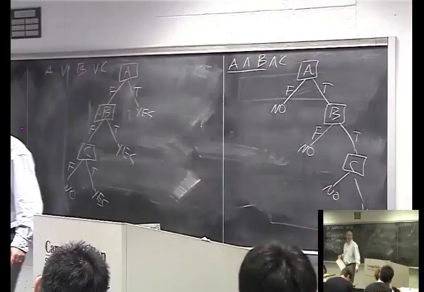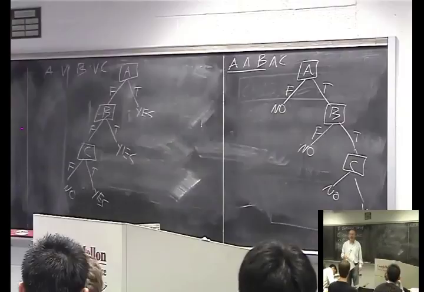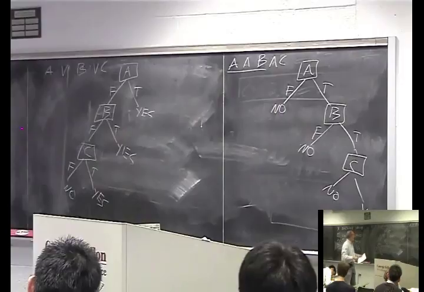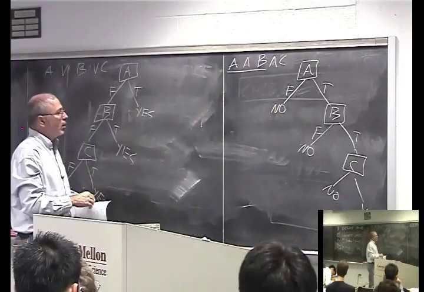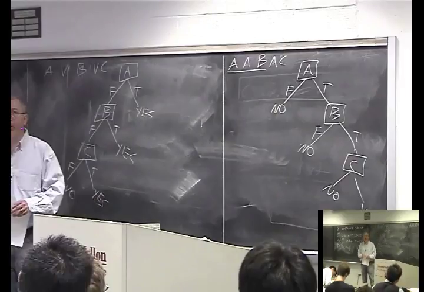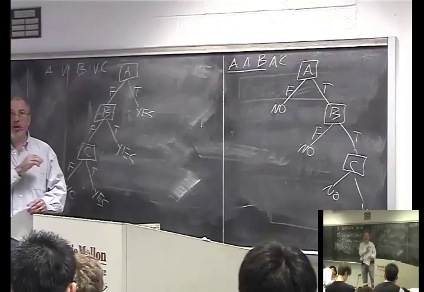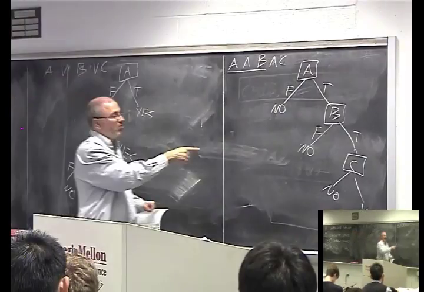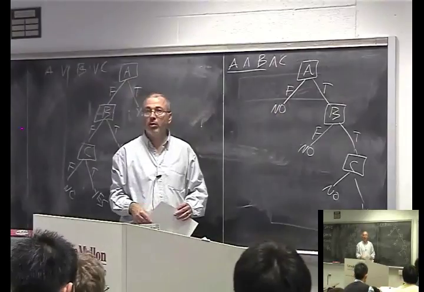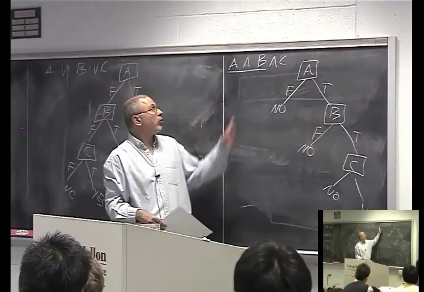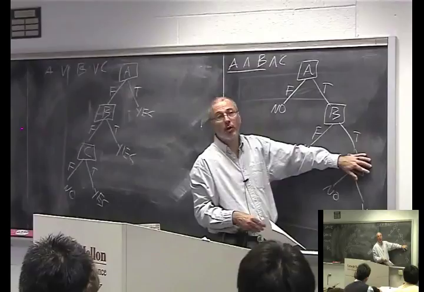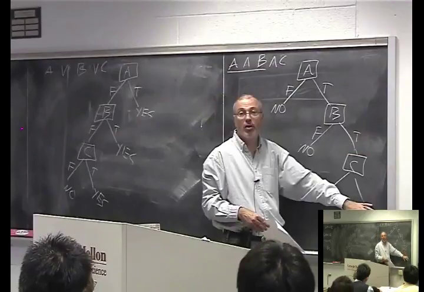If you're familiar with De Morgan's laws from logic, you can see the relationship between these two trees as De Morgan's laws. Okay, let's just observe how many internal nodes are needed to do a conjunction of n variables. If you have two variables, A and B, how many internal nodes? 2. 3 variables? 3.